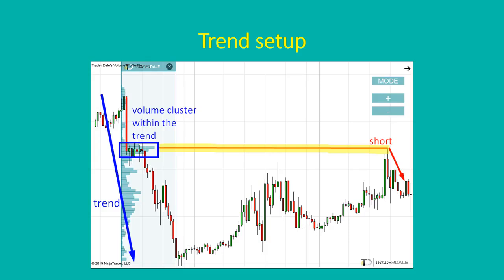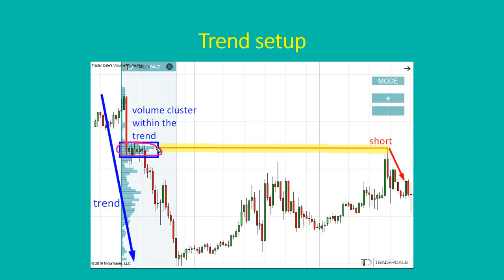Now there is another example of the trend setup. Again, there is a strong downtrend in here. So as you can see, I used the volume profile on the whole downtrend area to look into the whole downtrend. In this case, the most significant volume cluster is in here.